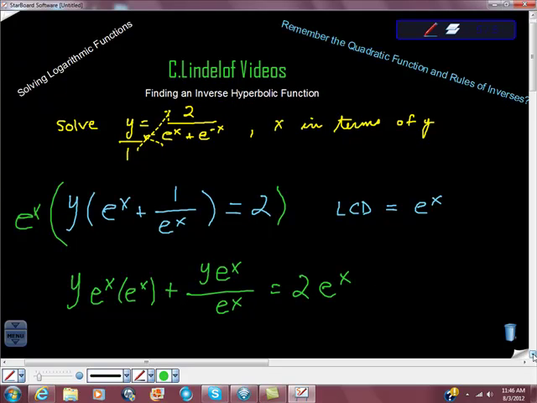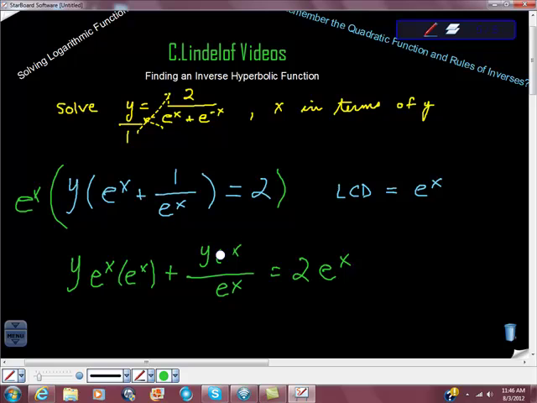I'm going to go ahead and simplify a little bit here. e to the x over e to the x is just 1, and y over 1 is just y, so that cleaned up nicely, didn't it? Now, this gives me y e to the 2x, because x plus x is 2x, plus y is equal to 2 e to the power of x.